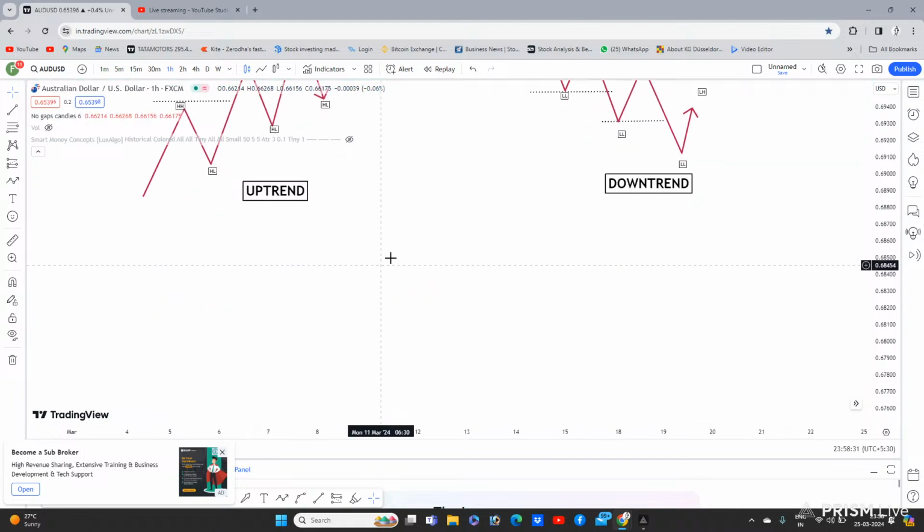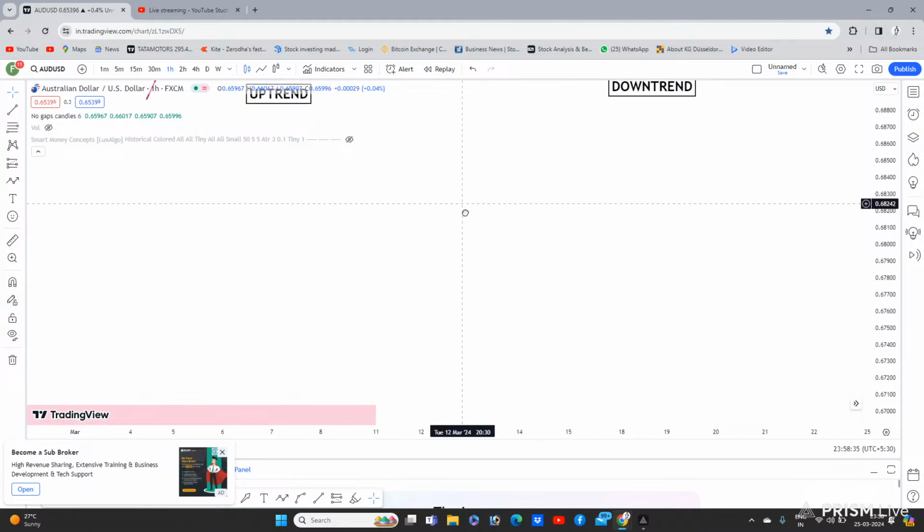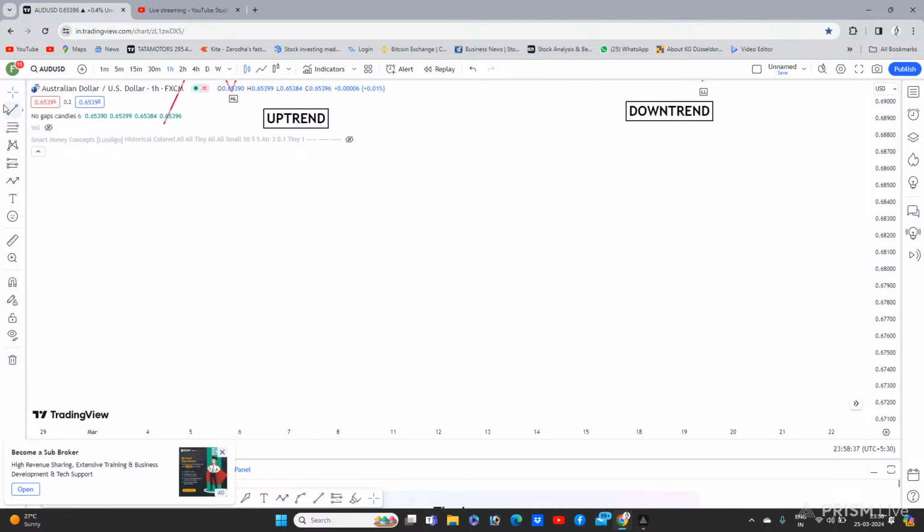Listen very carefully. According to smart money concept, the market first makes a higher high, then a higher low, then a higher high, then a higher low.